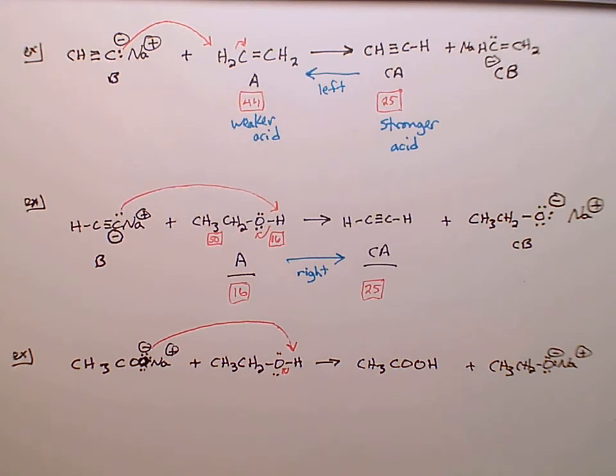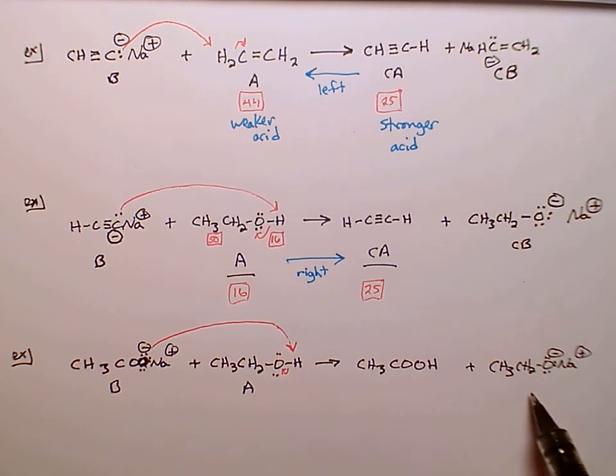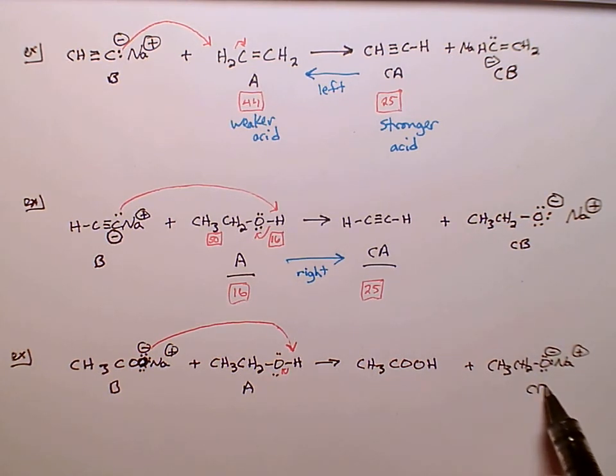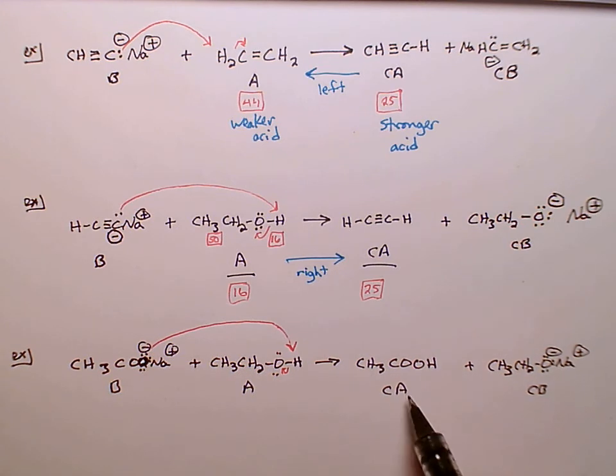So, okay, which is the acid? We recognize this is the base, so this has to be the acid. The acid forms the conjugate base, so CH3CH2OH forms CH3CH2ONa, the conjugate base. This must be the conjugate acid. Look at the pKa's.